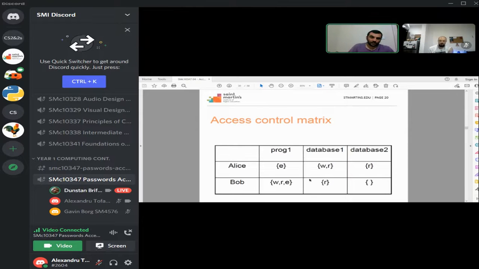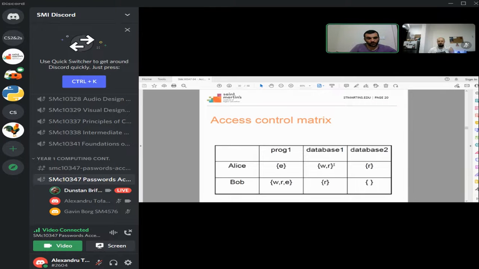Now, once we look at this, it's quite simple to follow what is written inside this matrix. Okay, so Alice, in terms of program 1, has permission to execute program 1 because we see in the brackets here that she has permission to execute.